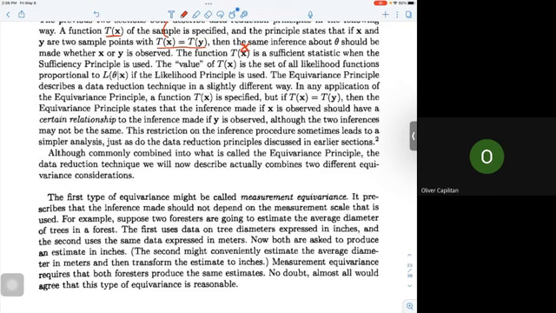But for the equivariance principle, the inference made if x is being observed should have a certain relationship to the inference made if y is observed, although the two inferences may not be the same. This restriction of the inference procedure sometimes leads to simpler analysis, just as do the data reduction principles discussed in the earlier section.